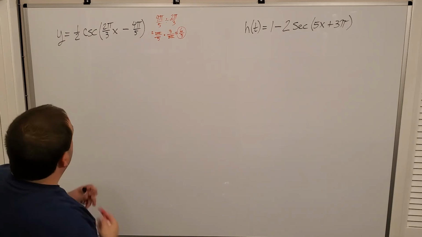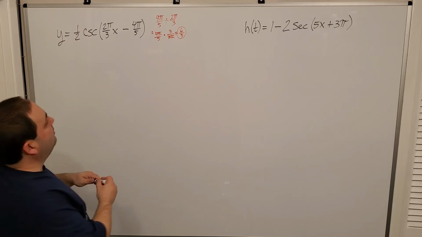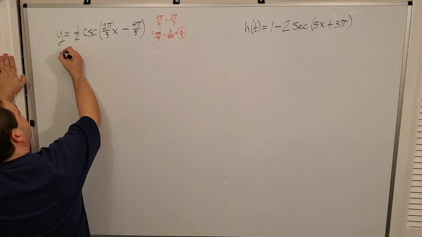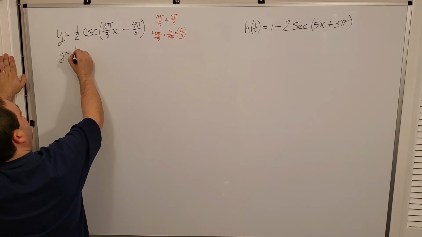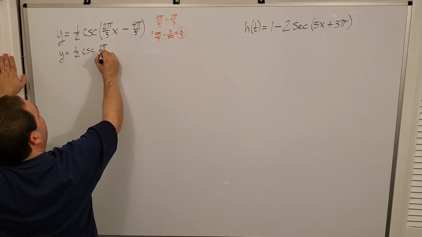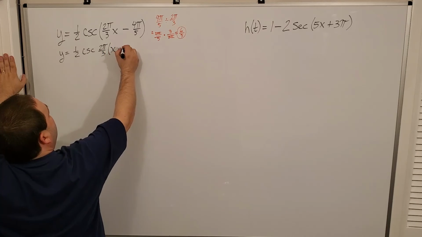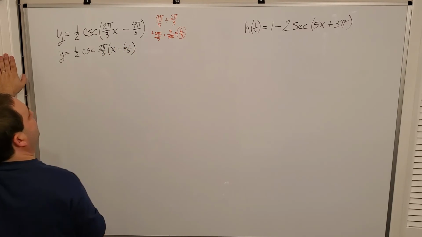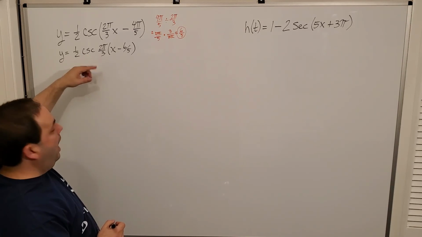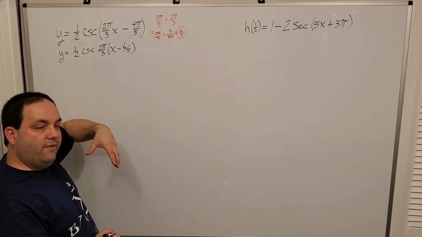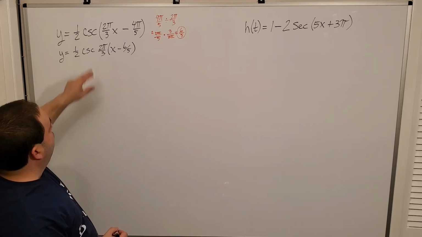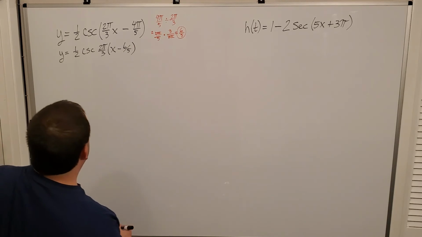So when I factor here, I'm going to be left with a 6 over 5 as my shift. So y equals 1/2 cosecant of 2 pi over 3 times x minus 6/5. This is what we'll be graphing. And remember, with cosecant, I'm actually going to graph a sine first, and then I'm going to use the properties of that sine to graph the cosecant.